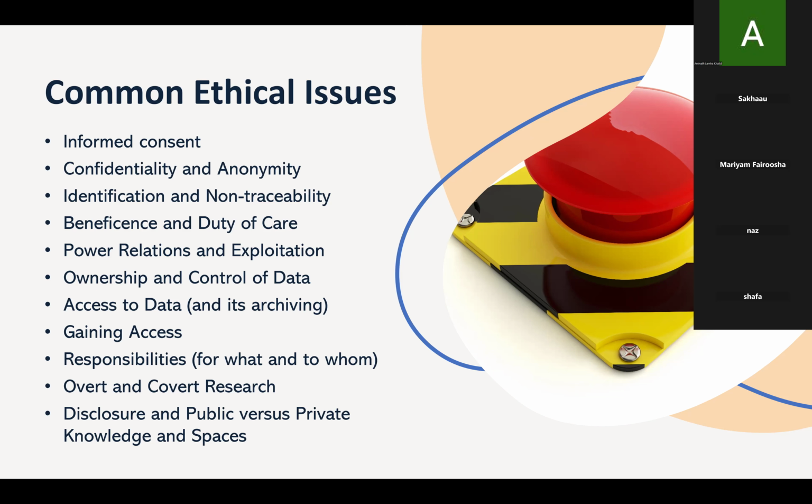The other aspect is confidentiality and anonymity. Again, these are two different concepts we need to understand. Almost all research should ensure confidentiality. Confidentiality means that you don't reveal who the participant is. There may be cases where it's revealed, but that has to be based on consent.